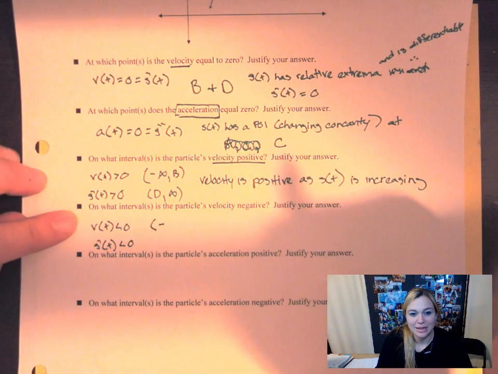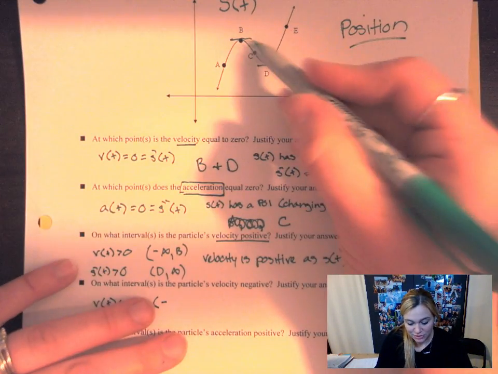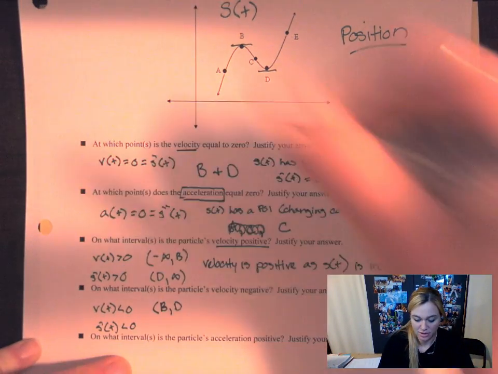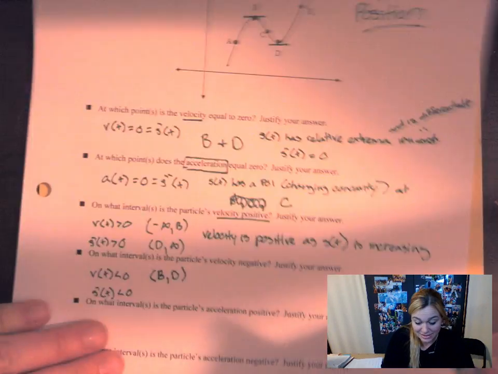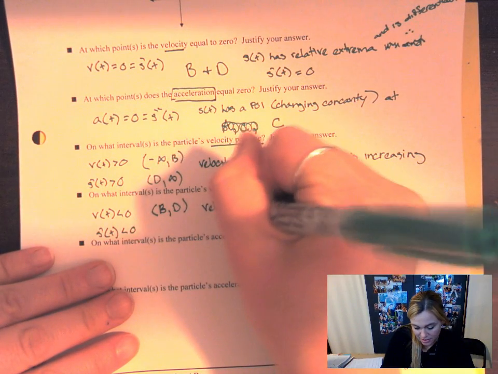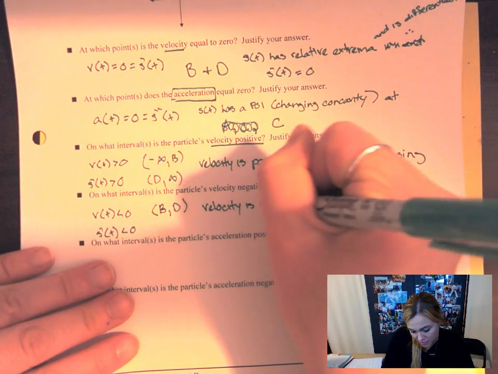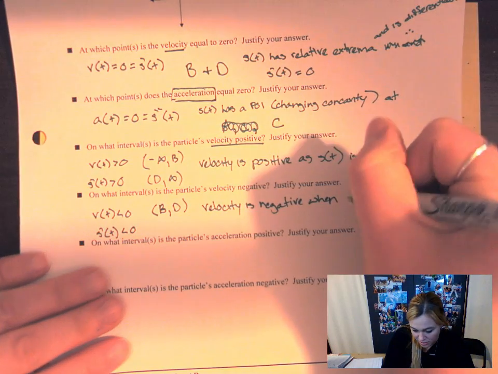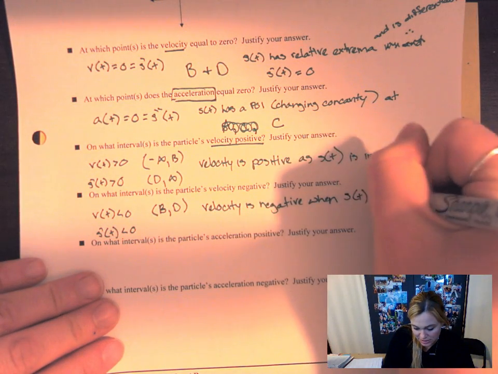This would be happening when the slope is negative, so from like b to d. And the reason, because I have to use s in my reasoning, velocity is negative when s of t is decreasing.